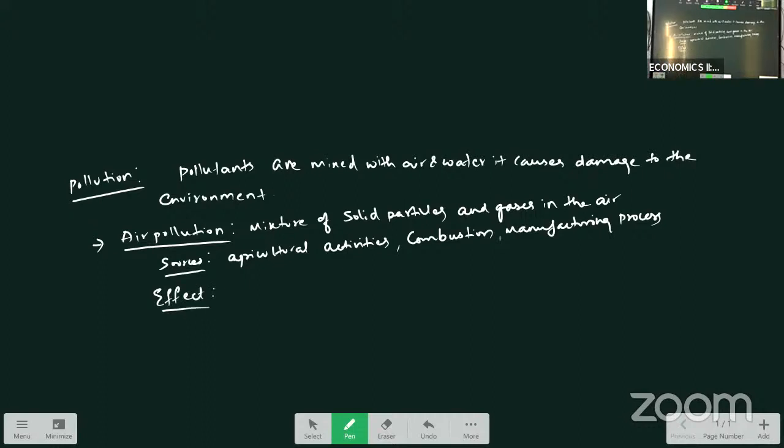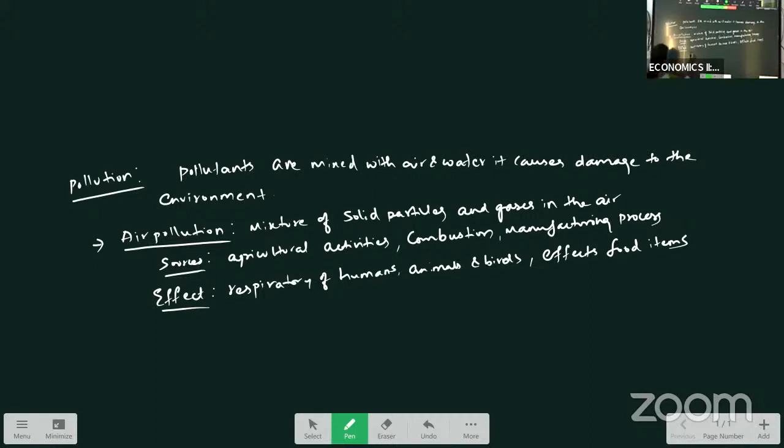And how is it affecting the lifestyle, means how is air pollution causing damage? Air pollution affects the respiratory system of humans, animals and birds, and it affects food items, and also it damages the greenhouse and temperature increases.